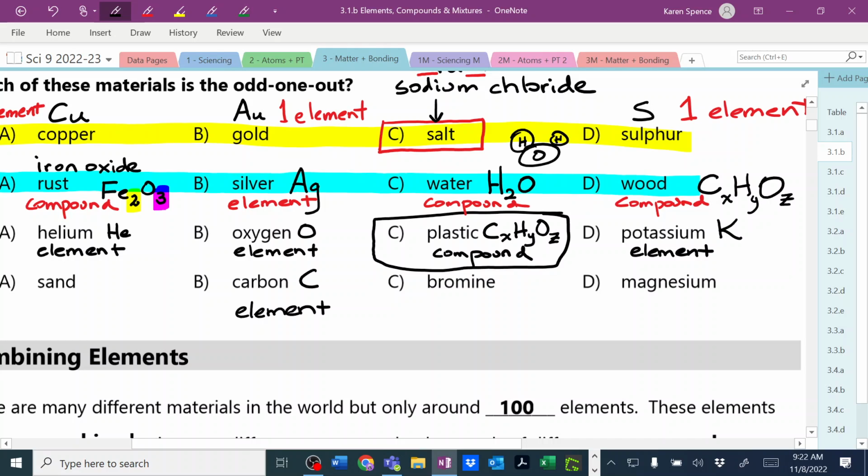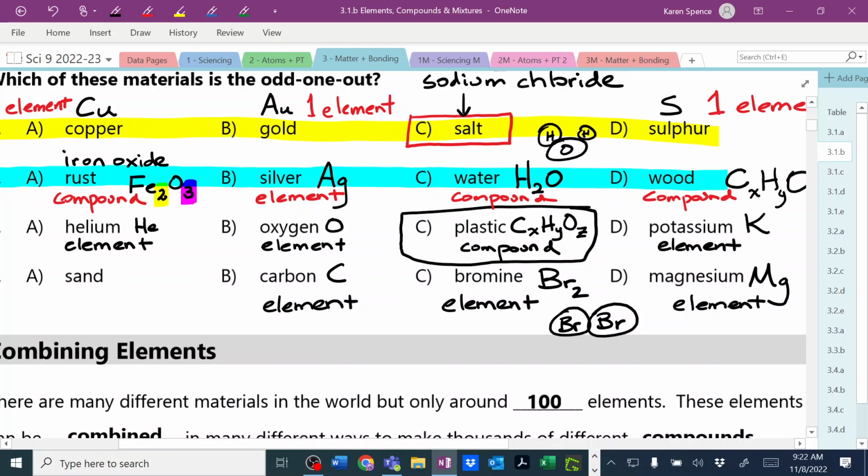Bromine is actually Br2, but because they are both Brs, is there anything different there? No, so it's still an element. And then we have magnesium, which is an element. And so our odd one out is indeed sand.